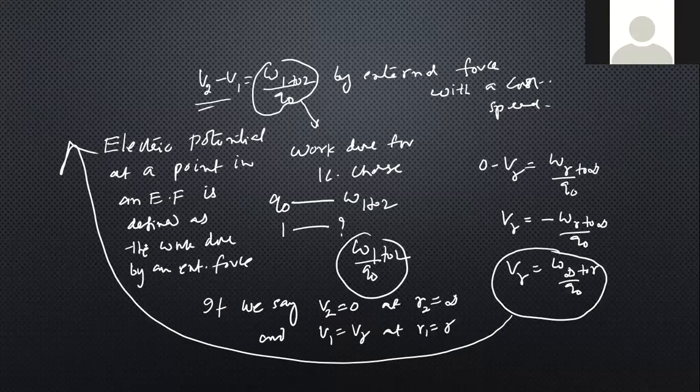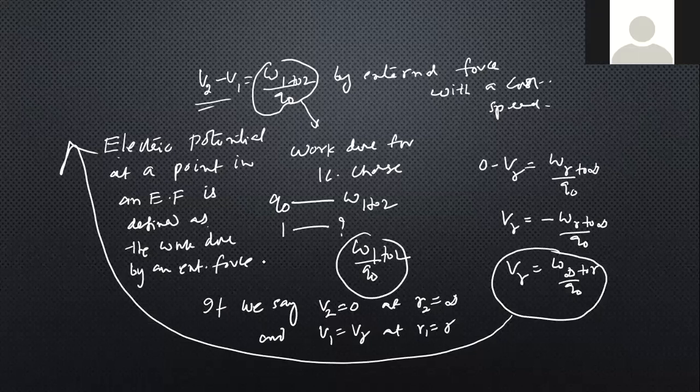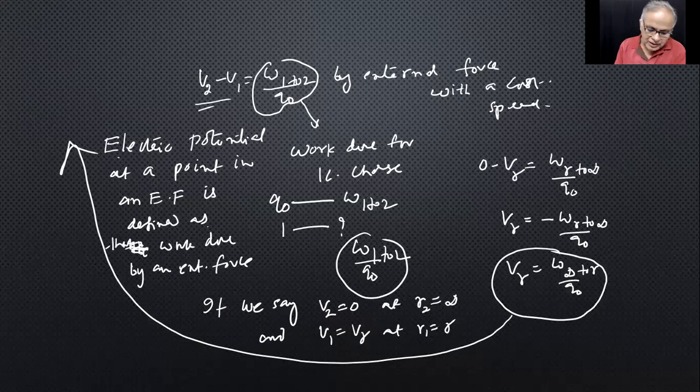Okay. If I don't want to add the words constant speed, I can do this. Electric potential at a point in electric field is defined as that much work done by an external force against electric field alone. As that work done by an external force just against what?